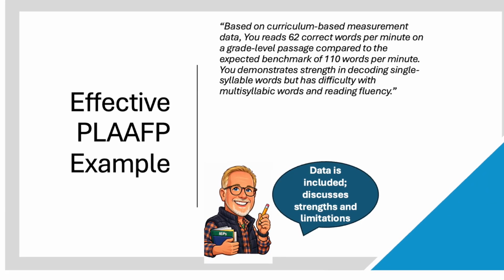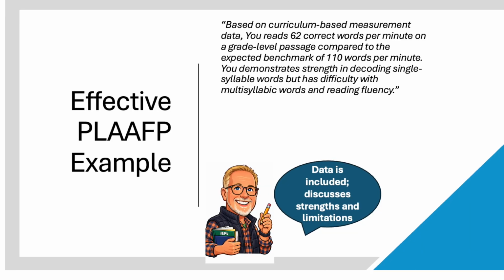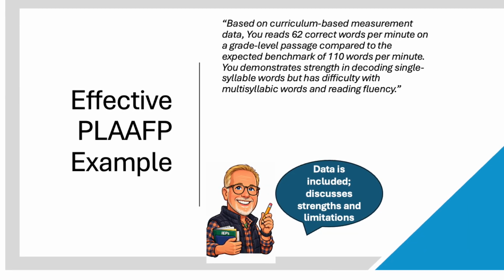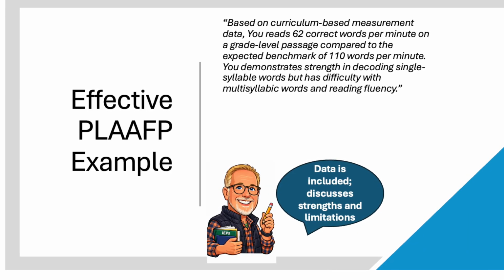And Susan demonstrates strength in decoding single syllable words, but she has difficulty with multisyllabic words and reading fluency. So in that example, I'm using data. I'm identifying not only the strengths but also the weaknesses. And all of that information is going to help lead me to instruction for what she needs.